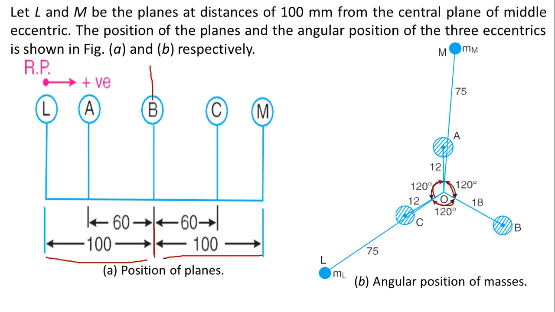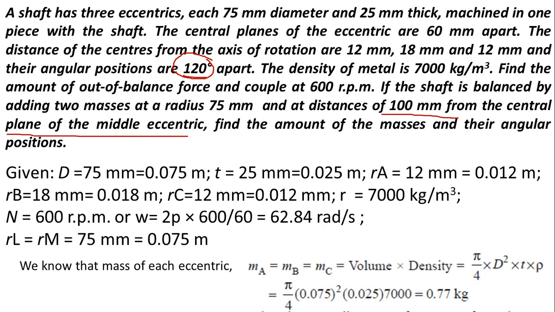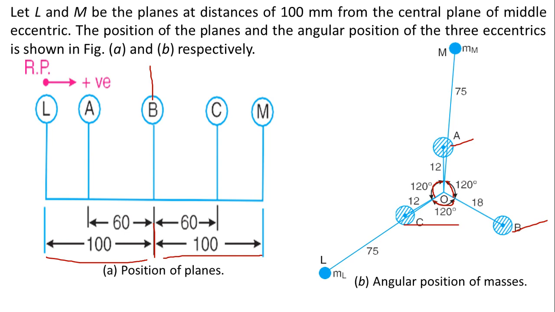So like this A, B and C are being arranged. The radius for all three is given, A, B and then C. Next we'll consider the tabulation for this.